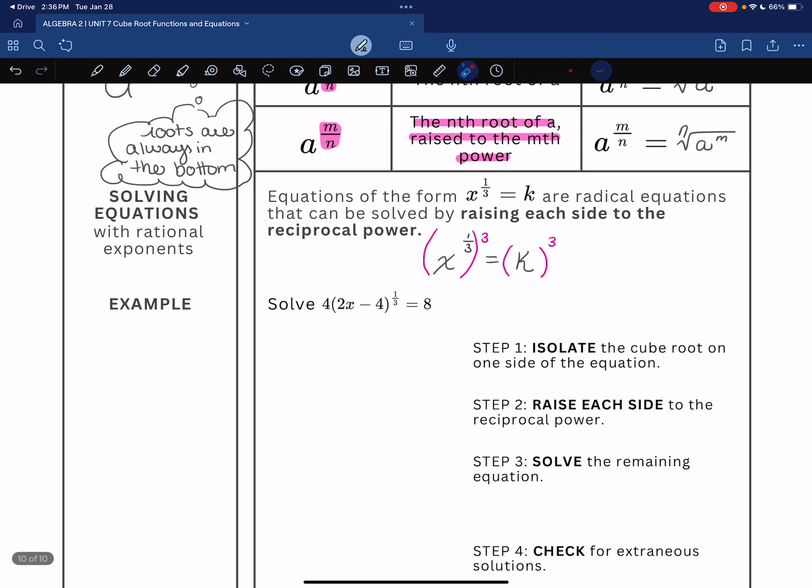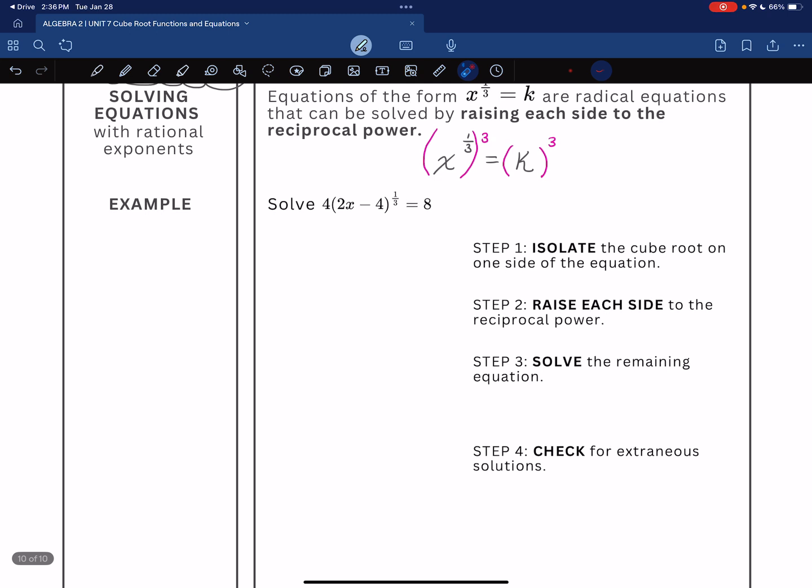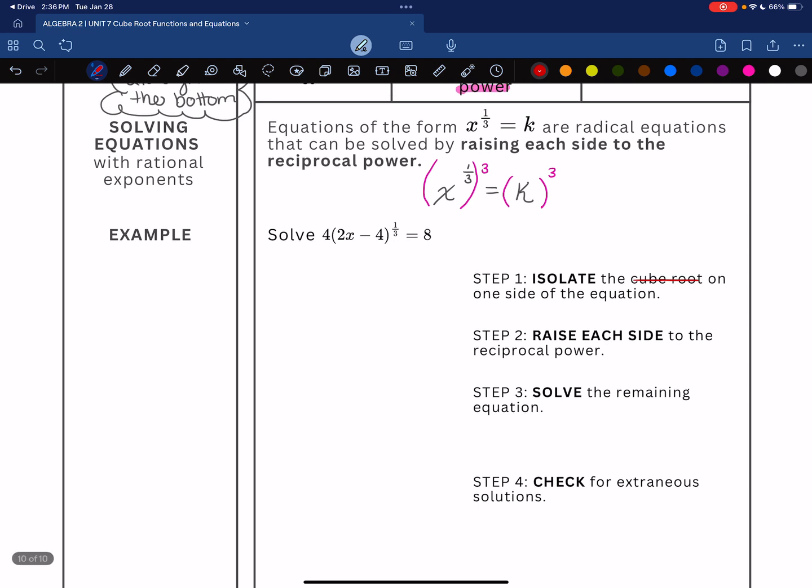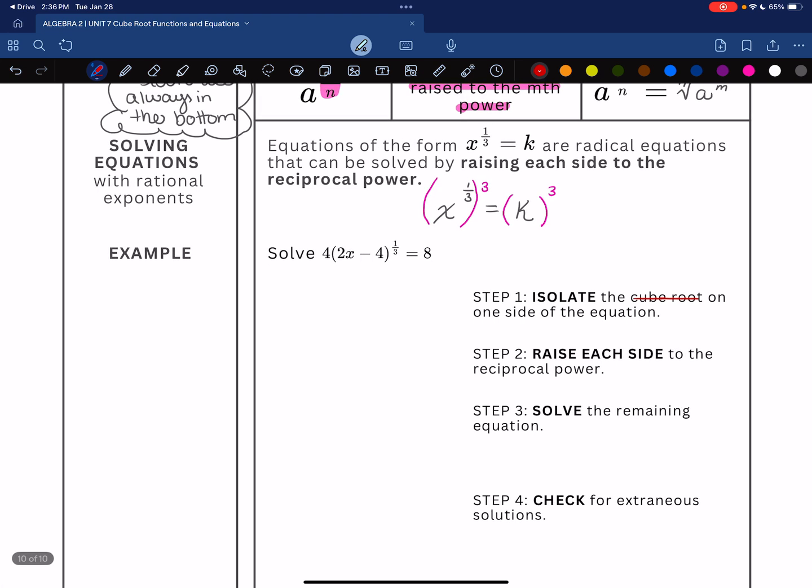So let's go ahead and try to apply that to this example. We are going to solve this equation. Step number 1, remember always, we need to isolate our expression raised to the rational exponent on one side of our equation.